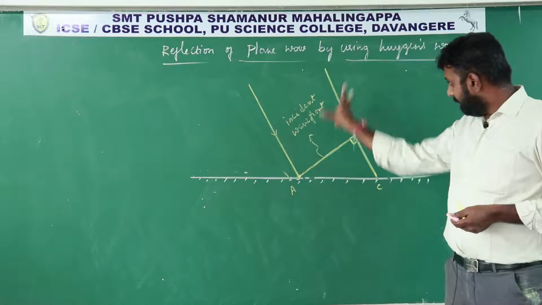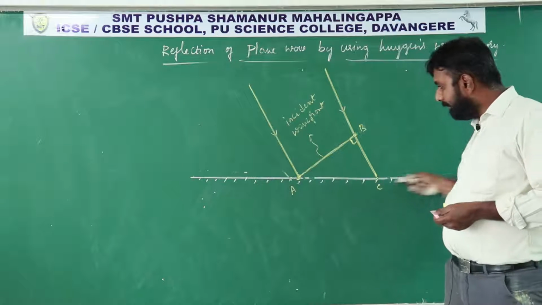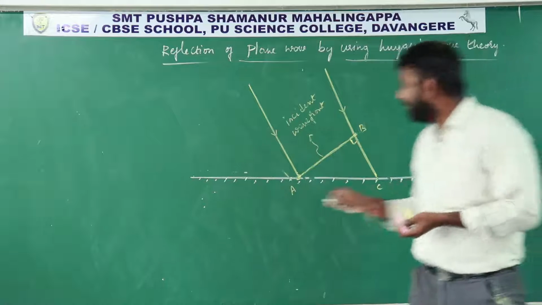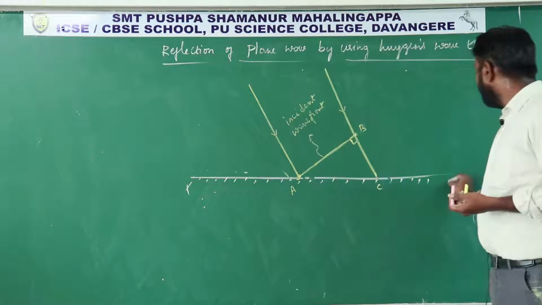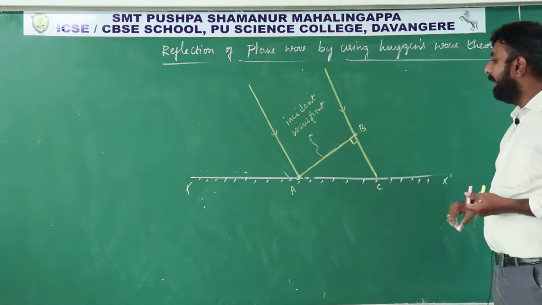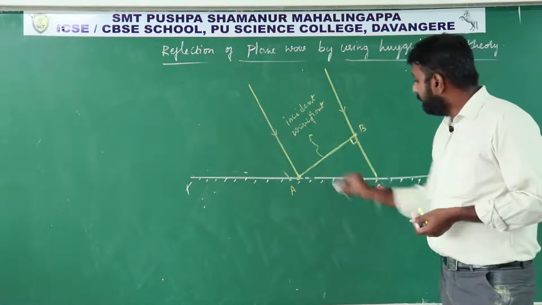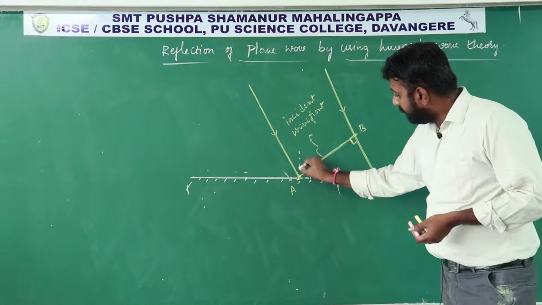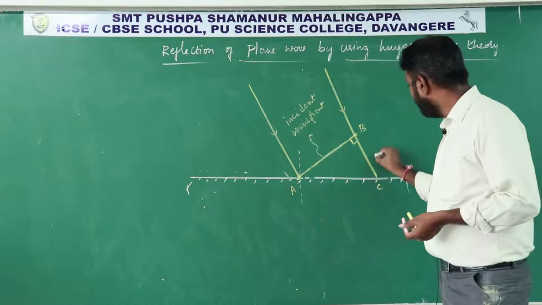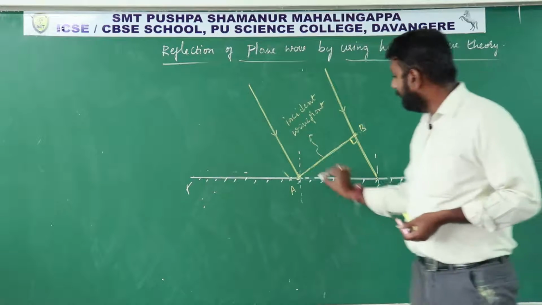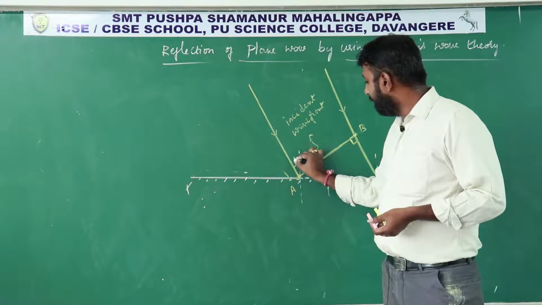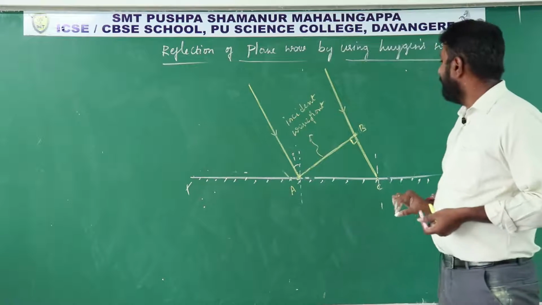So a plane wavefront is incident on a reflecting surface. Let us name that reflecting surface x dash. Then here you can draw a normal line. Here also you can draw a normal line, and this is nothing but the angle of incidence.